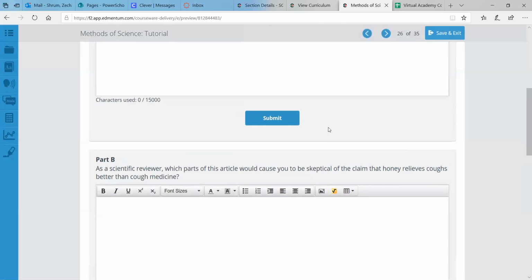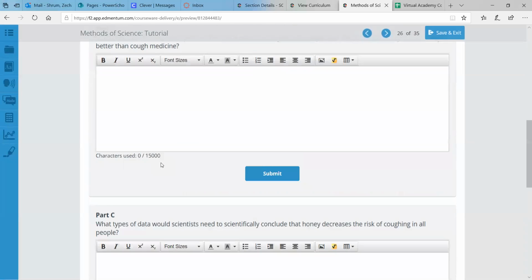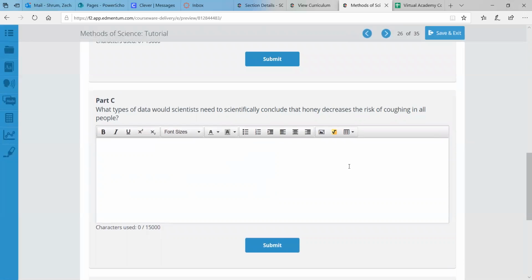So in this article, it's asking you, okay, can you think of any data that they can use to determine, to design an experiment to conclude that honey decreases the risk of coughing in all people?